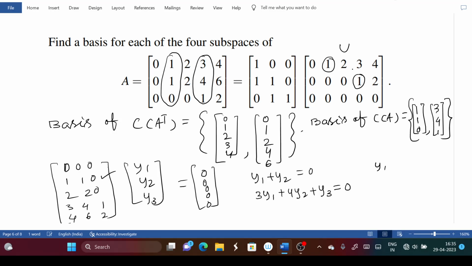Now here y1, y2, y3 are three variables. So here pivot, this is free. Because the first components are having this, the third component is free. Third column vector free.